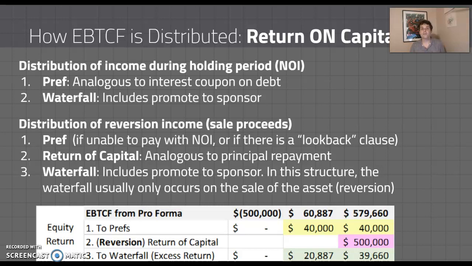In some agreements, we may have to make up preferred return that we were unable to pay to our limited partners over the course of the investment. That's called a look-back clause. We're not going to assume one exists here.